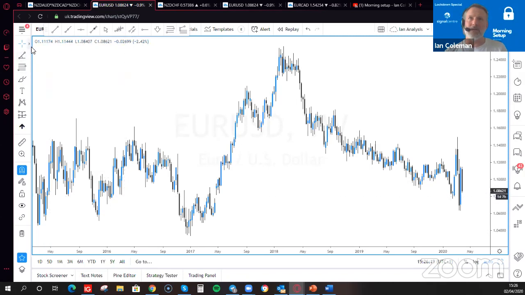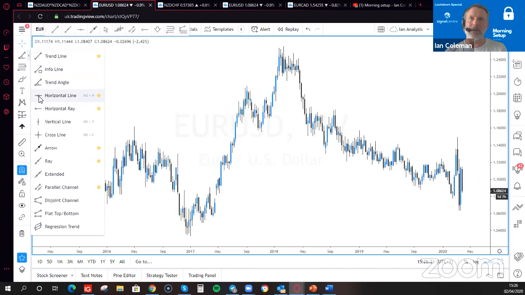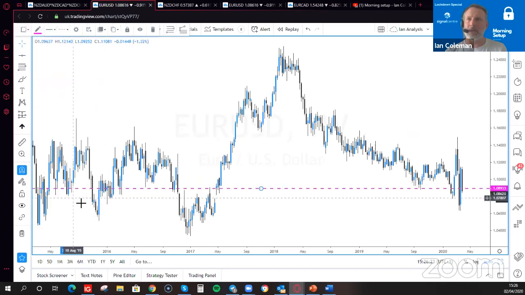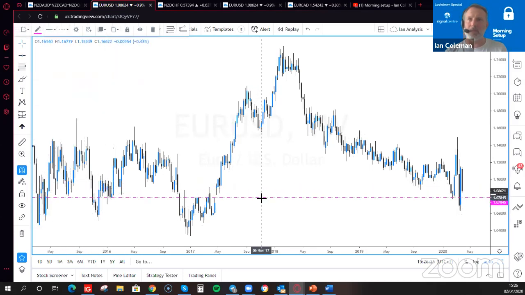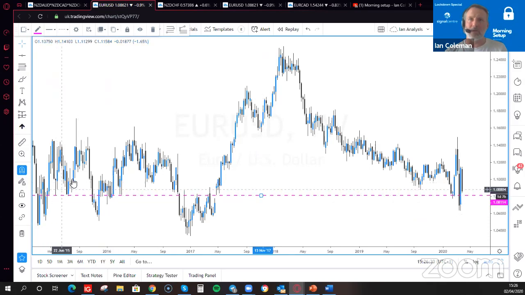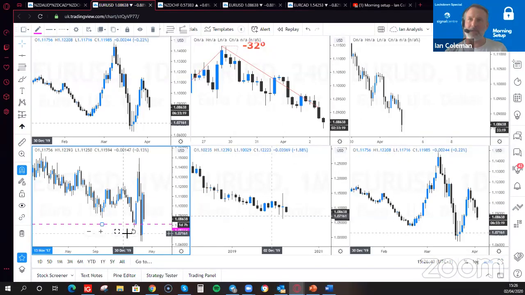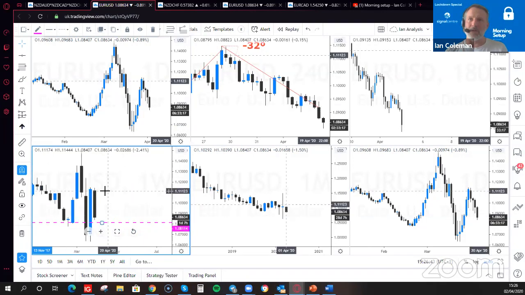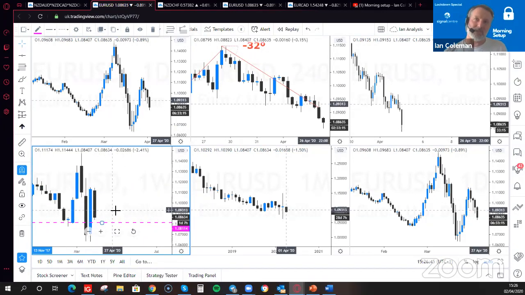So if you put a horizontal line on here, that's jumped up a bit. So I'm concentrating on these swing lows over here. Look, so it was support, was support, was support, sort of spike through, resistance, resistance, was support, so then becomes support again.